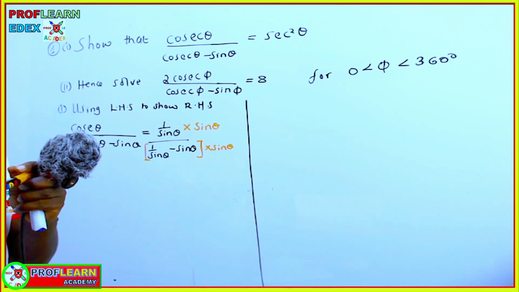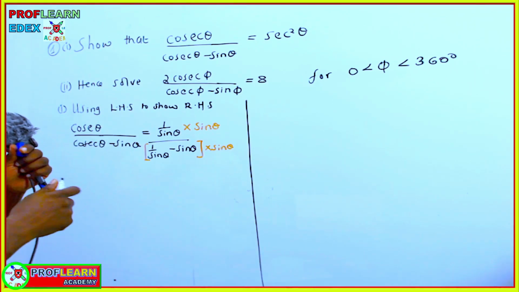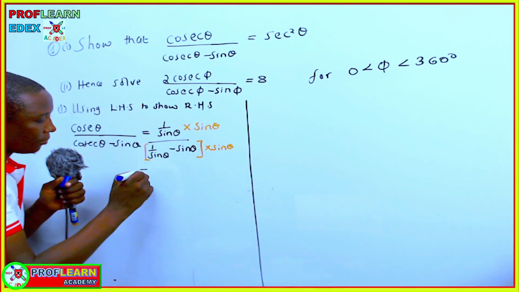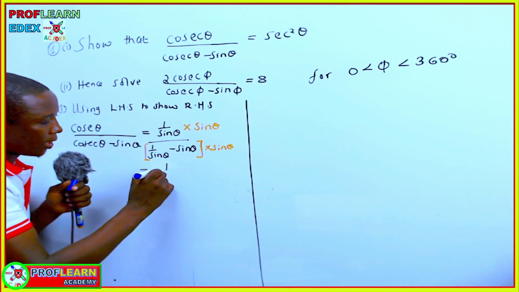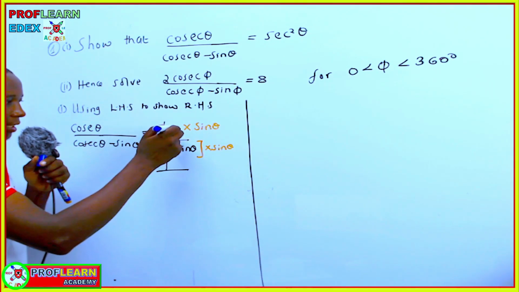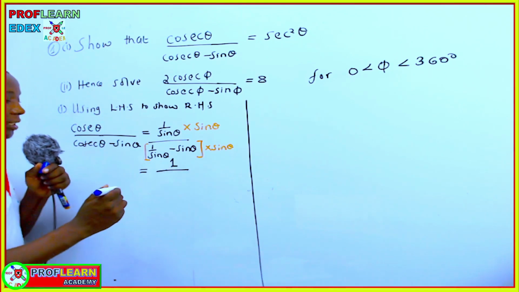If I multiply this, sine theta times 1 over sine theta, the sine thetas will cancel out, and I'm going to remain with 1 at that given point.